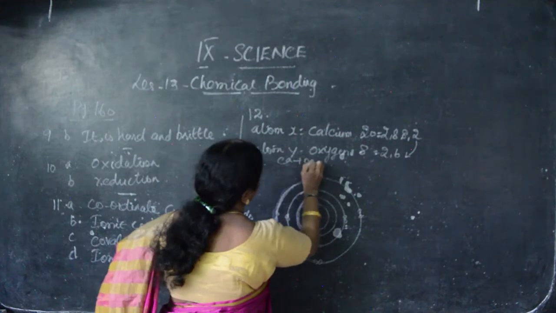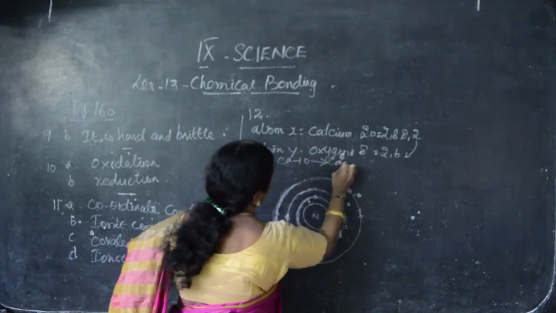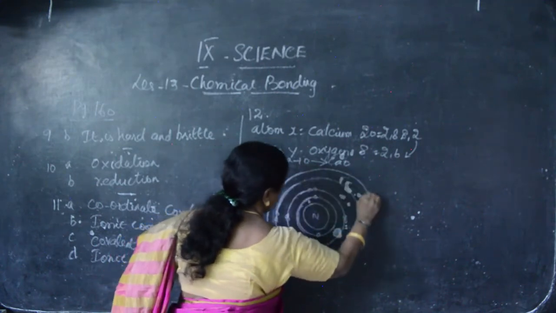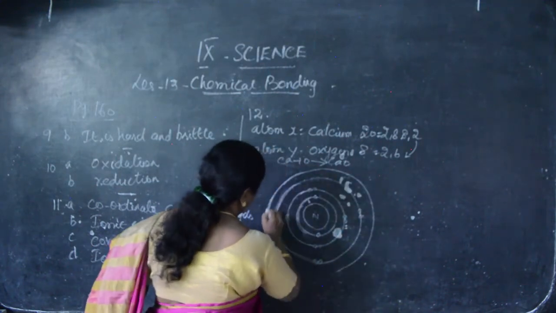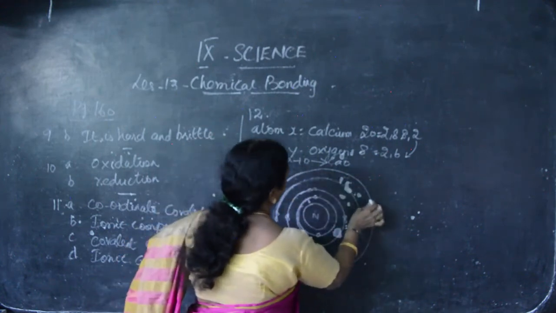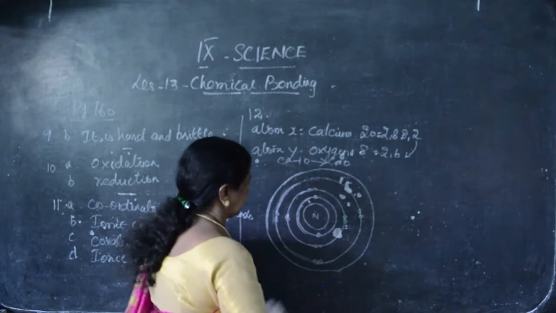Calcium plus oxygen gives calcium oxide. In the last orbit, 2. Then here oxygen, 8.